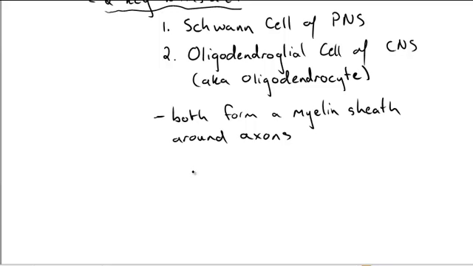So myelin's important. It has 3 main functions. First of all, it helps to protect the neuron from damage.